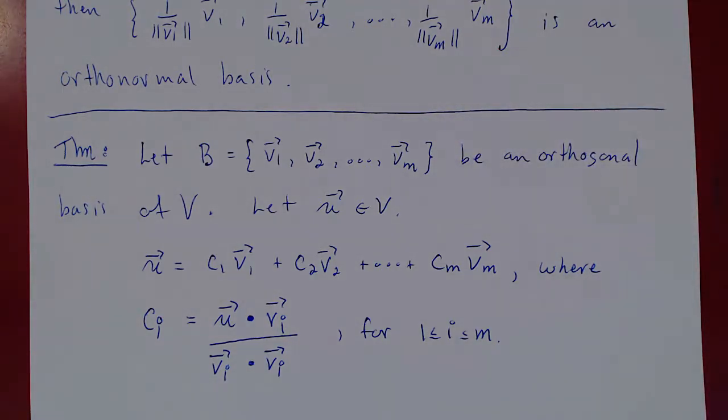You'll find a basis first which will not be orthogonal, and the question is, if we have a basis that is not orthogonal, is there a systematic way to construct from the given basis one that is orthogonal? And the answer is yes. This will be the topic of our next video, and this will be called the Gram-Schmidt algorithm.